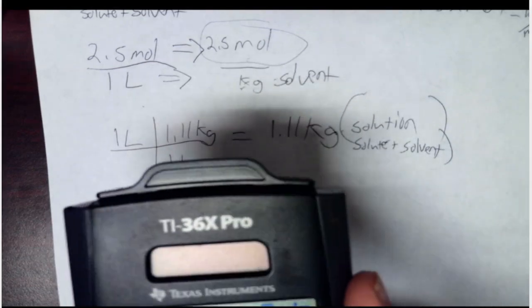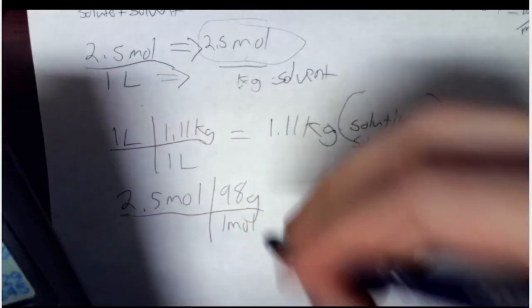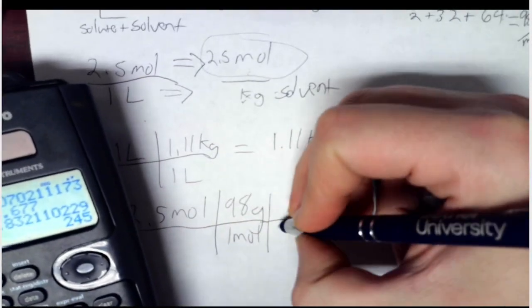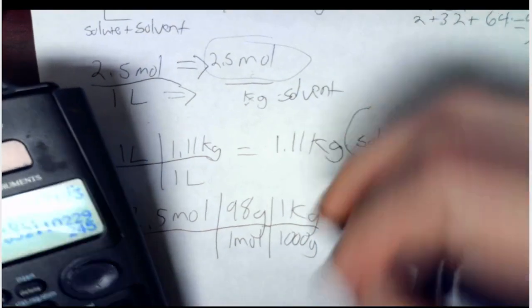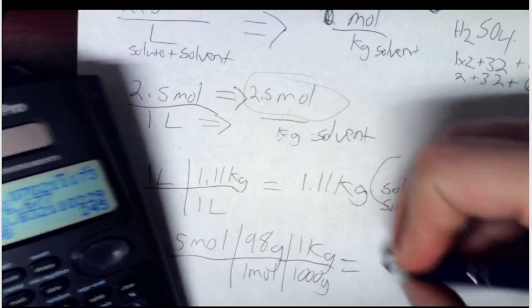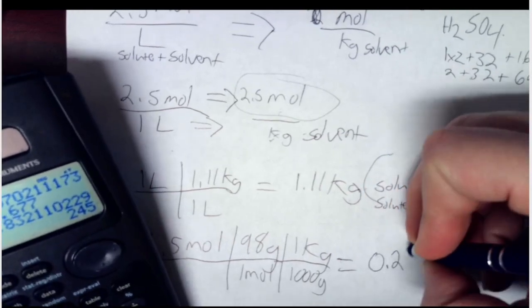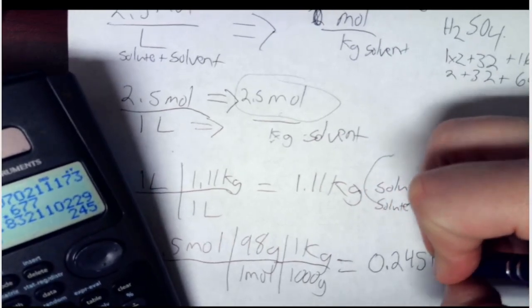2.5 times 98. Of course, then turning that into kilograms, there's 1,000 grams per 1 kilogram. It would weigh something like 0.245 kilograms.